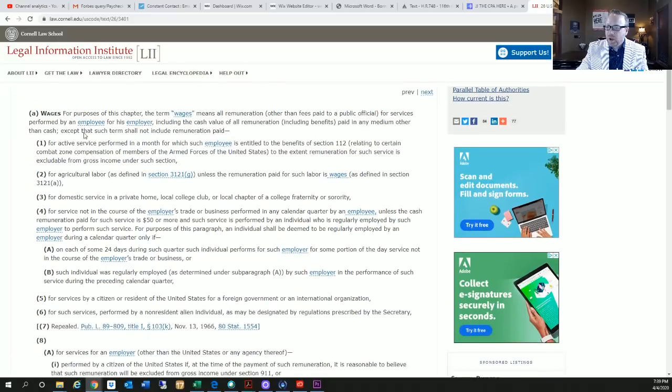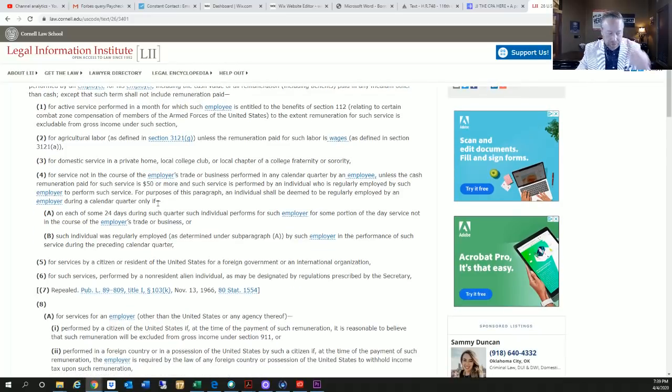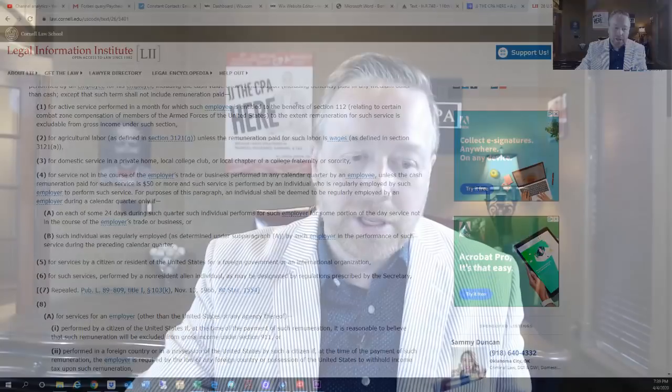Wages, for purpose of this chapter, the term wages means, that's the whole purpose of these items. What they're pointing out is, here are things that are not wages, and here are things that are considered wages. The purpose of those three is that it's telling you if this is wages, you need to withhold tax on it. This is not wages, so you're not required to withhold tax on it.